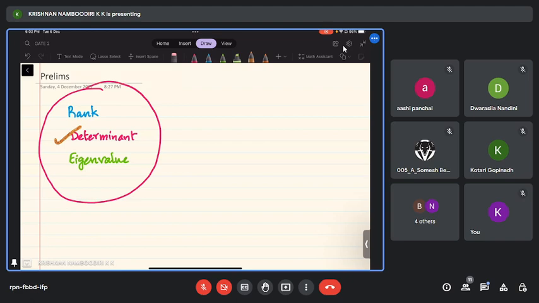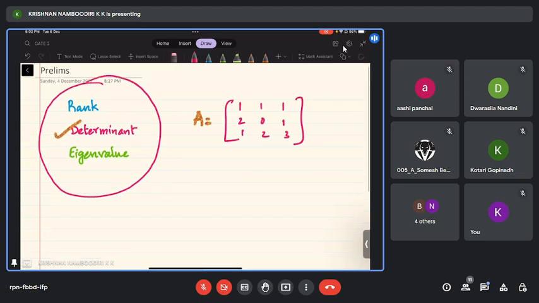So first of all, you all know what a matrix is, right? For example, A equal to some matrix 1, 1, 1, say 2, 0, 1, 1, 2, 3, right? It's a matrix. What is the size of the matrix?